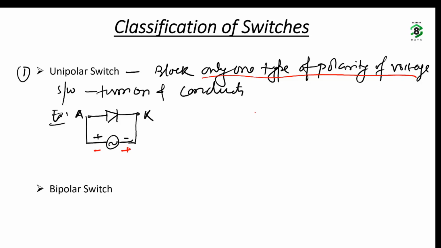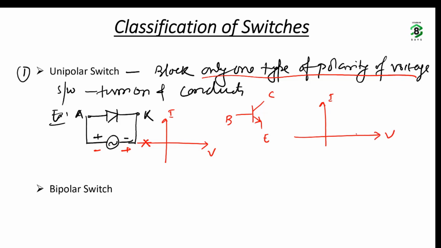Another example is the transistor. Generally, the reverse blocking voltage of a transistor is very low, so it can block only positive polarity of voltage. If I see the VI curve, this is V, this is I, for the diode, it can block negative voltage. But in the VI curve of a transistor, it will block the positive voltage.